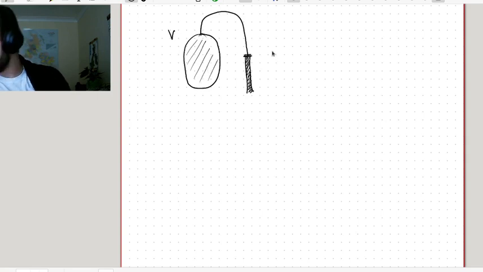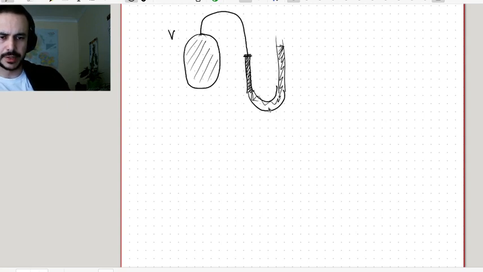The whole point of this thermometer is that there is another section of this tube here that is also filled with mercury, and the height of the level of this mercury goes up and down depending on the temperature of the gas here.